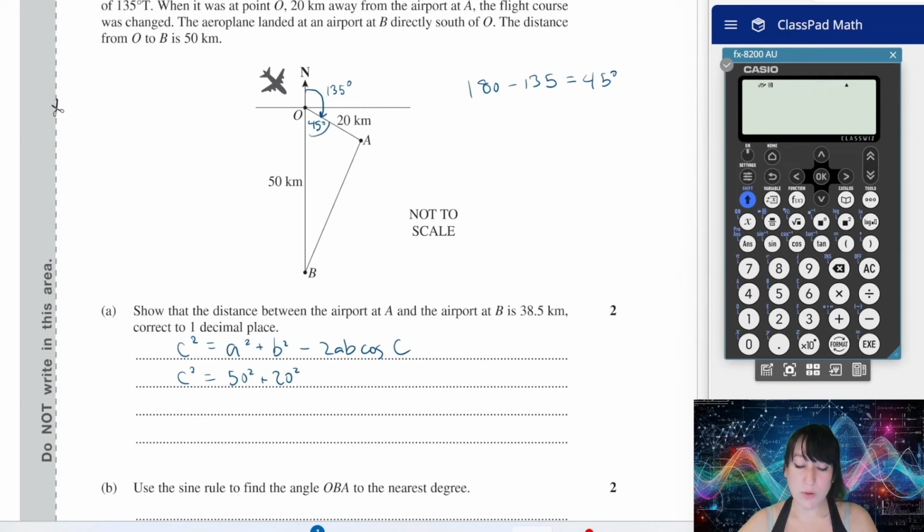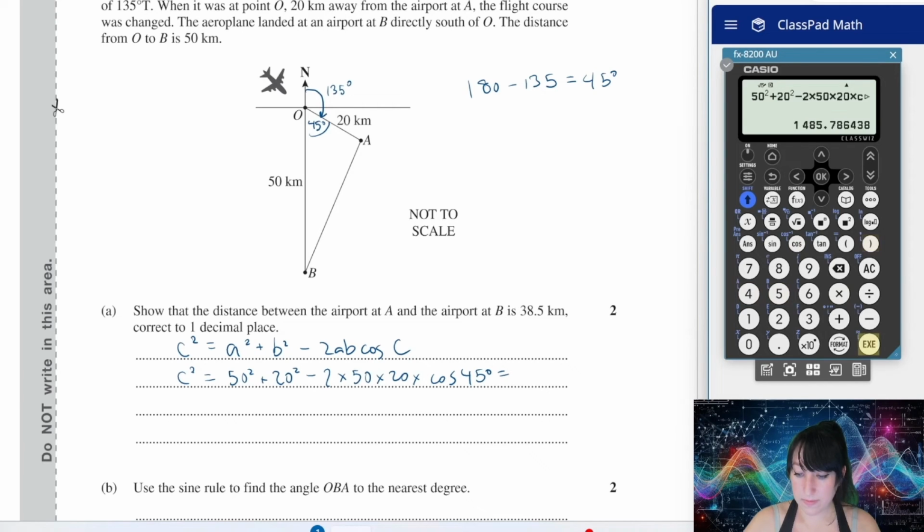Remember, for the A and the B, which one's which doesn't matter, but angle C has to be between them. So 2 times 50 times 20 times cosine of 45. Now, don't forget, there is one more step here.